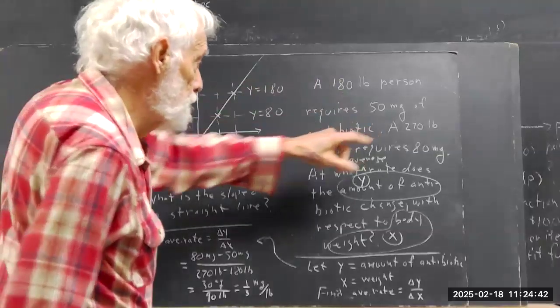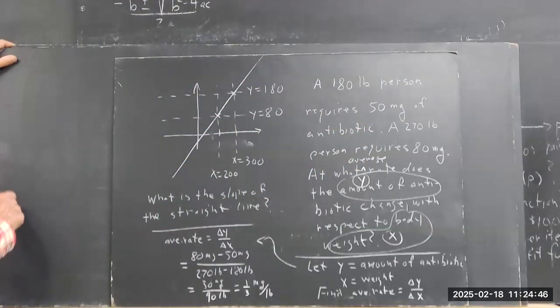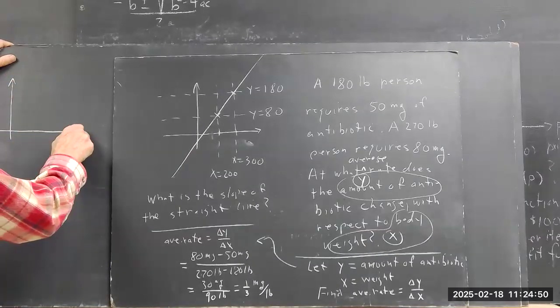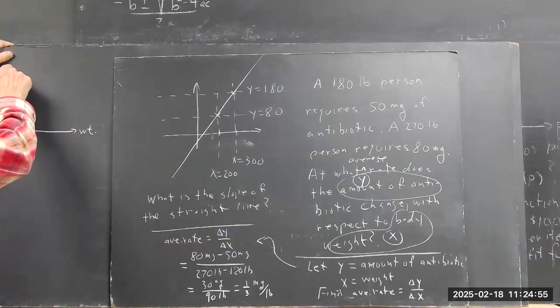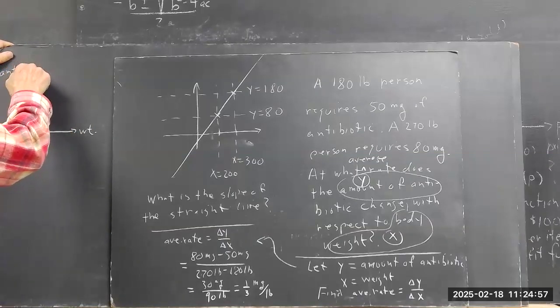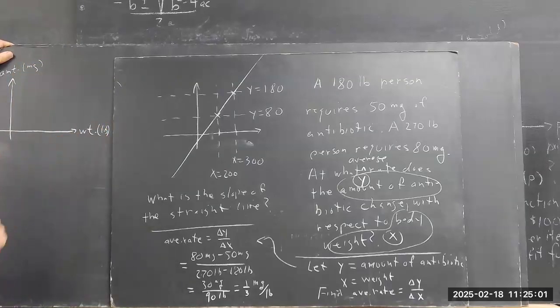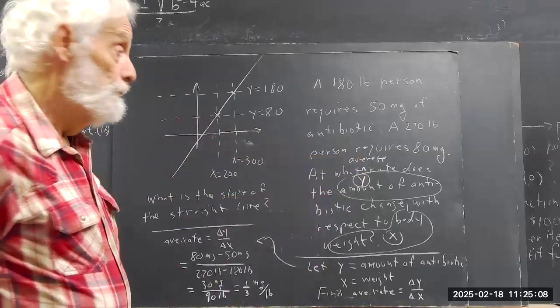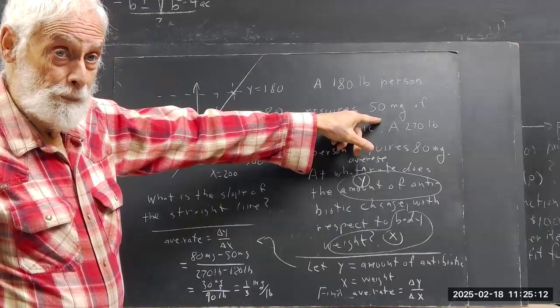Now put this information on a graph. That's very simple. Weight in pounds. We would have 2 points on a graph. 180 pounds and 50 milligrams go together.